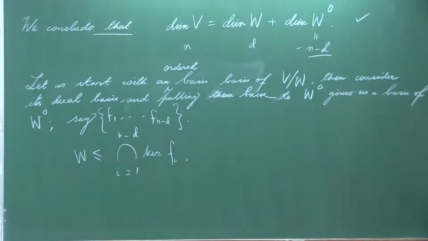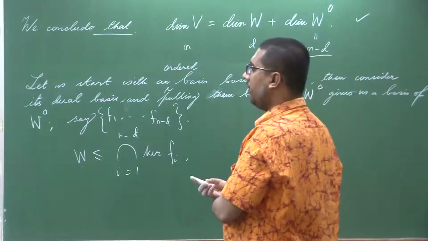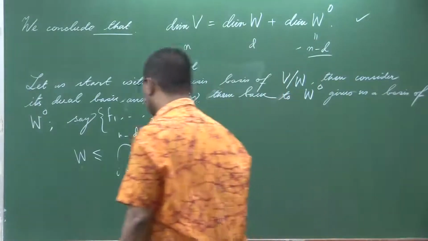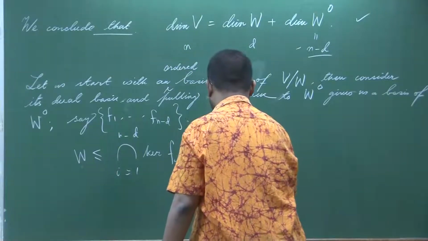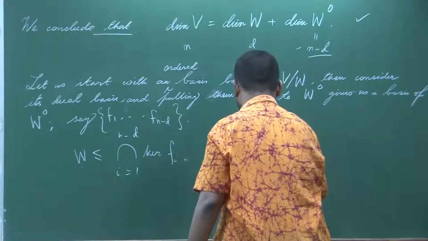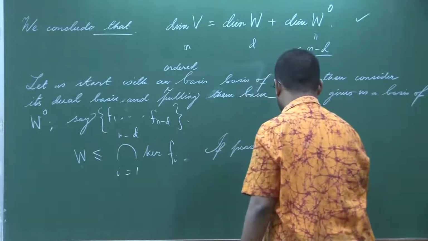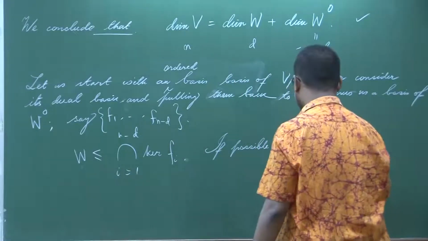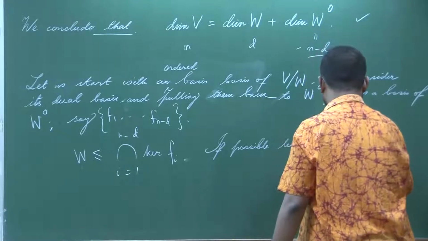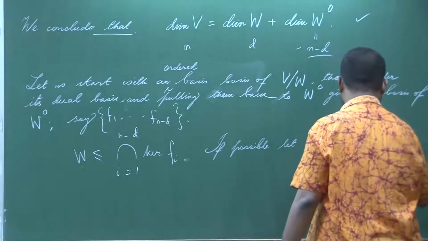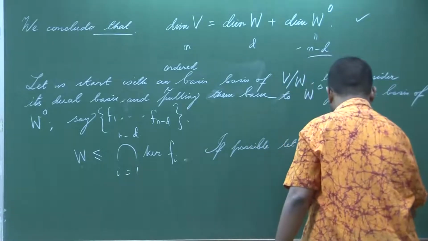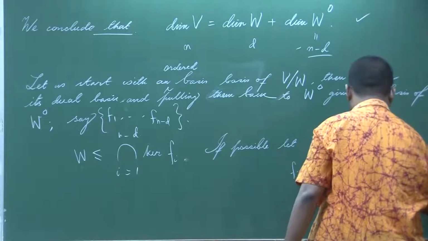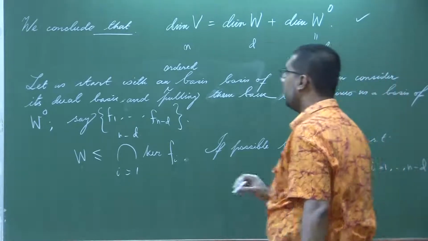So assume that, if possible, there exists x not belonging to W such that fi(x) is 0 for all i from 1 up to n minus d.